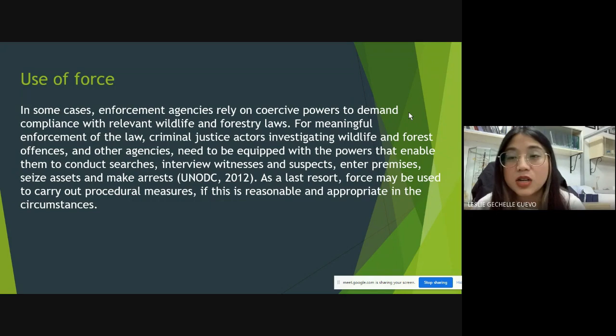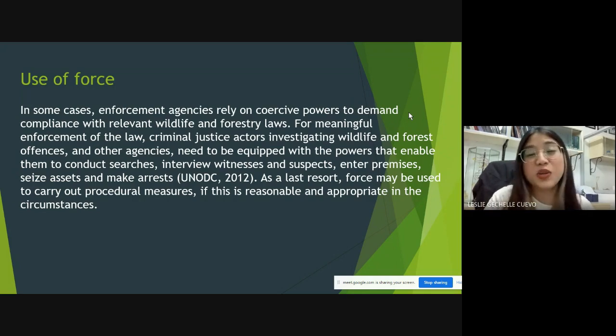As a last resort, force may be used to carry out procedural measures if this is reasonable and appropriate in the circumstances. So, kaparehas lang sa naituro na sa inyo dati sa mga crimes na usually na-encounter ng police officers.